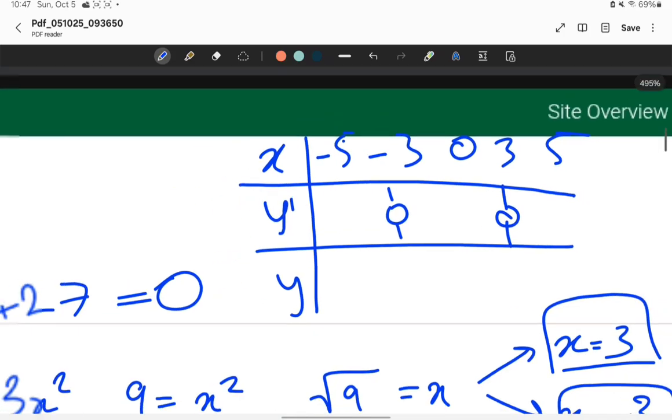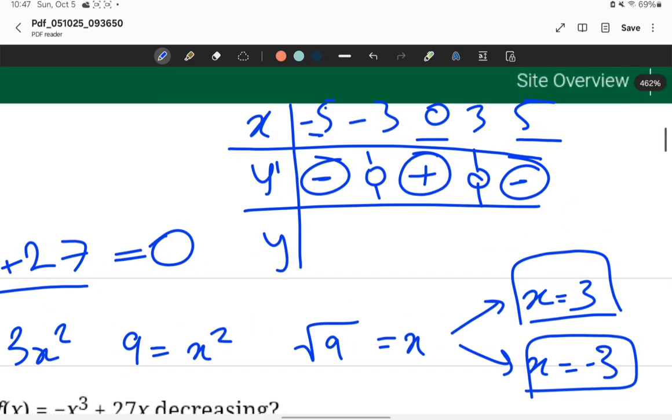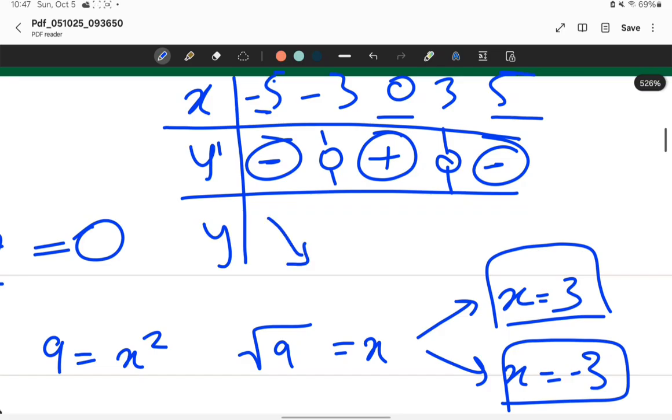If you substitute these values again into our derivative, for minus 5 you get a negative number, for 0 you get positive, and here you get a negative number. Okay, you can go ahead and draw your arrows there.